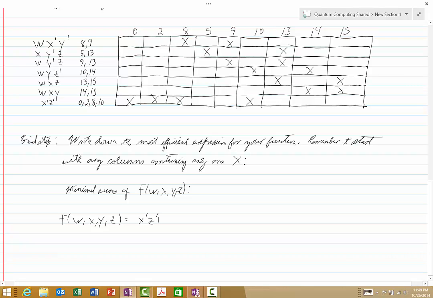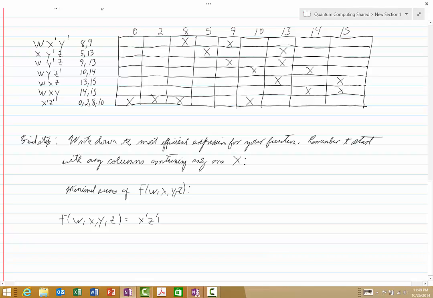Now, by including that term to begin with, we have taken care of the 0 term, and the 2 term, and the 8 term, and the 10 term. So we don't have to worry about those terms in the original function at all.